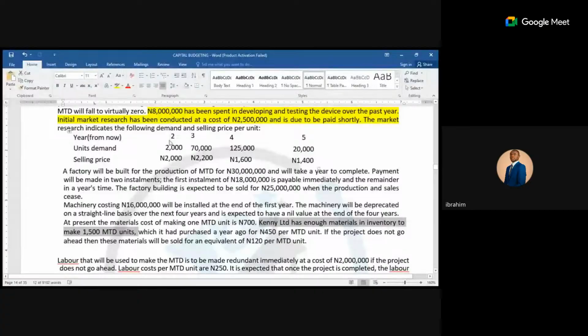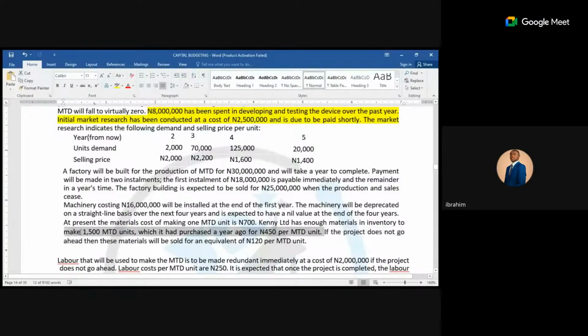And the market research is showing that the demand will be 2,000. Class, the market research is showing that the demand is 2,000, but what they have in the store is 1,500 units. They need to source for the remaining 500 units. Now, which had been purchased a year ago for 450 naira per MTD.